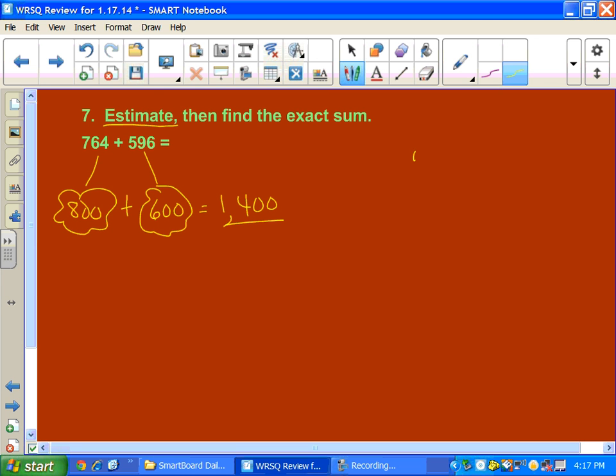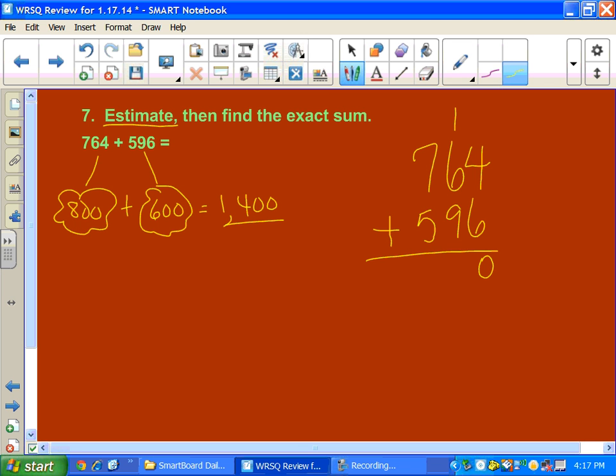So again, if I'm doing this traditional algorithm, which I hope you used, get some practice. We line up all our place values. We'll add our ones. 6 ones plus 4 ones is 10 ones. Well, 10 ones makes 1 ten, and that will leave me no ones left in my ones place. So I have 9 tens plus 6 tens plus 1 ten.